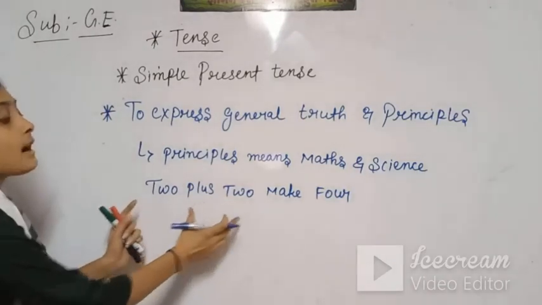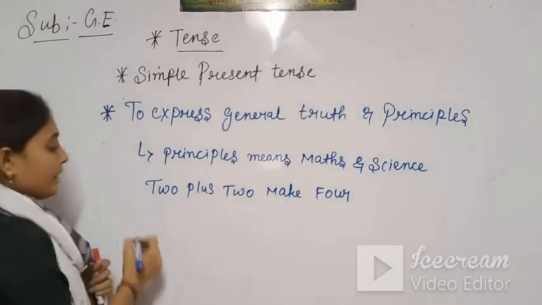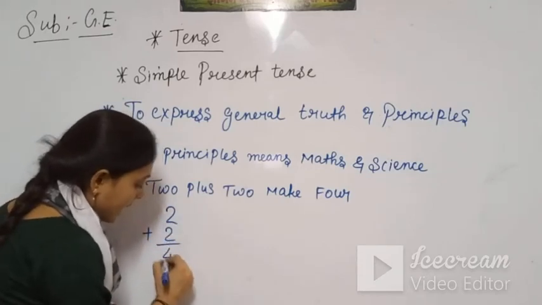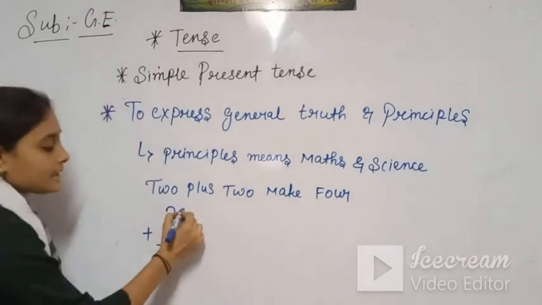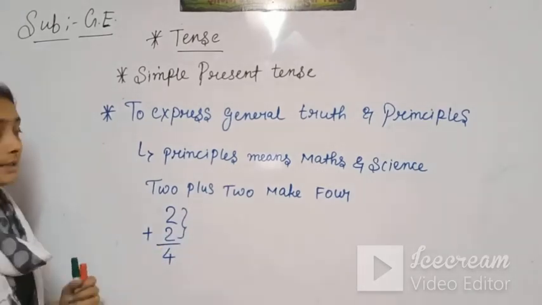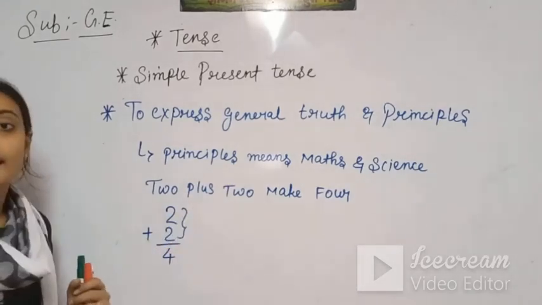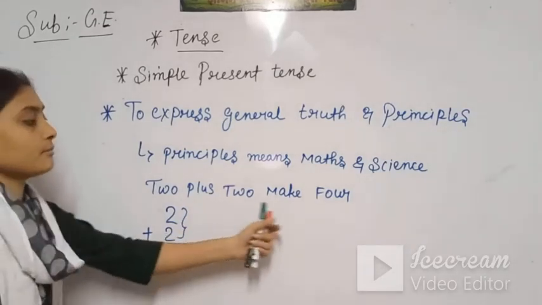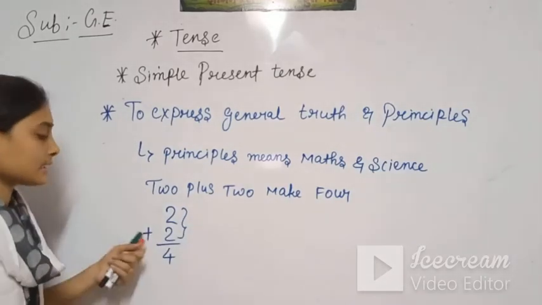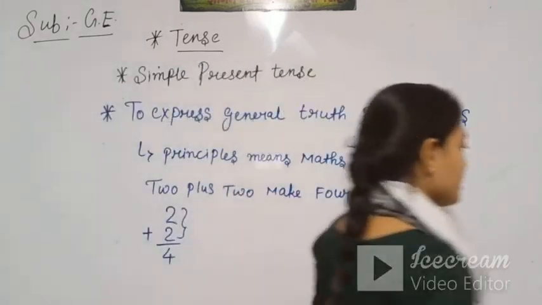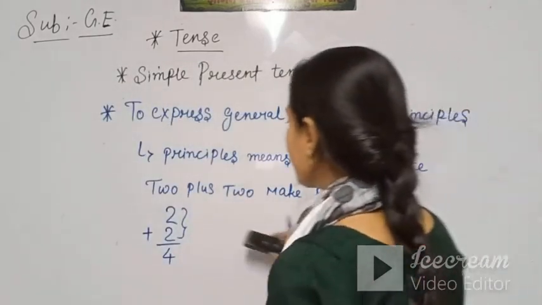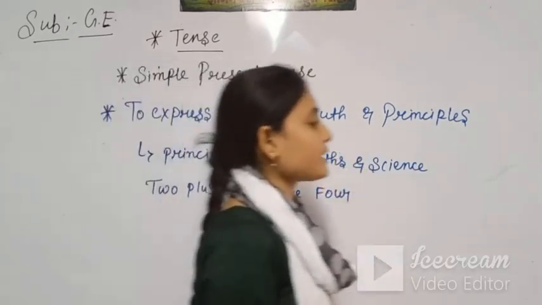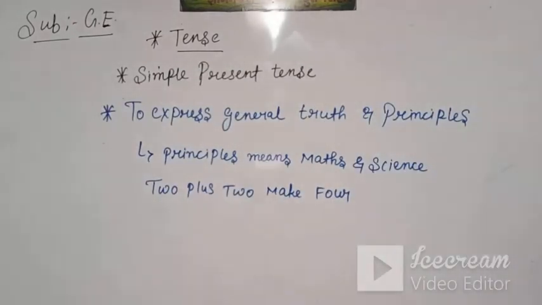So it is our principle. If we make 2 plus 2, then we get 4. So this is the principle, right? Here addition rule is there. This is one principle. Understand the example of the principle of maths. Here we use the present tense to express general truth of the principles.